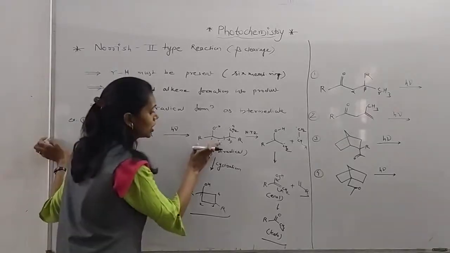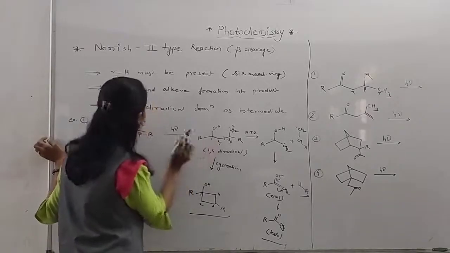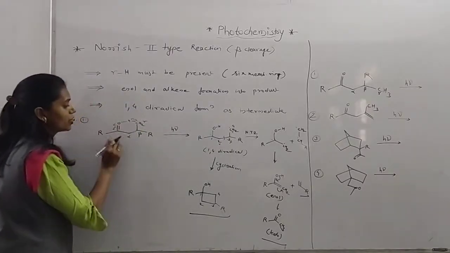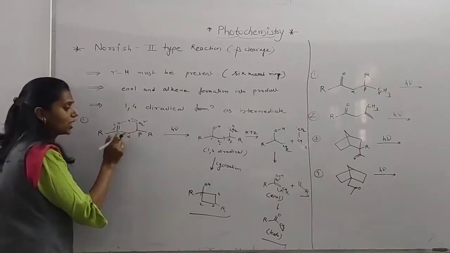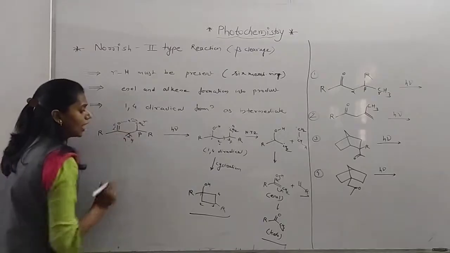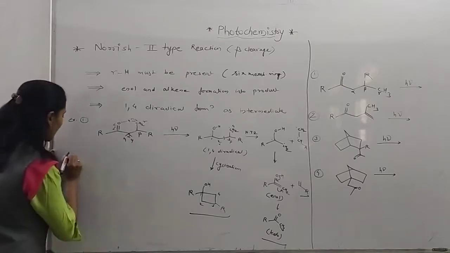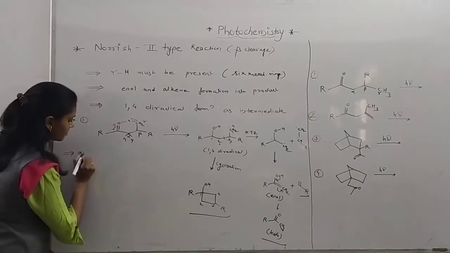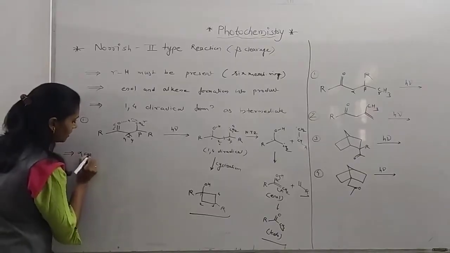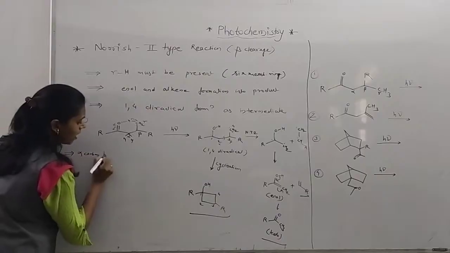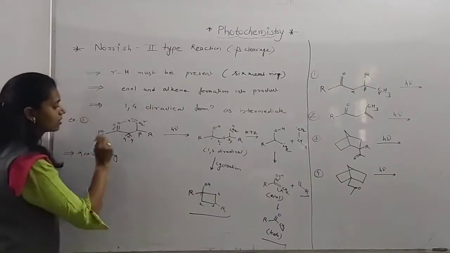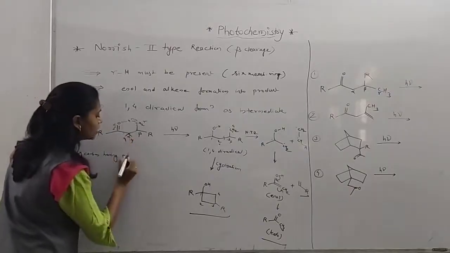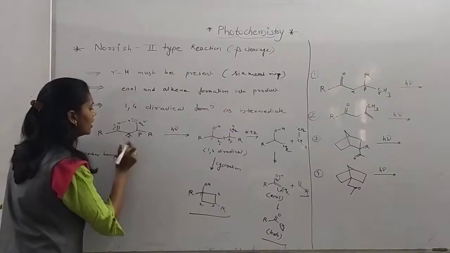If the alpha position carbon atom, since this is the substrate, and in this substrate this is the alpha position, at that alpha position there is a hydrogen atom. I have written a rule here, remember it. If the alpha carbon has R and R dash, I consider this is R and one is R dash.